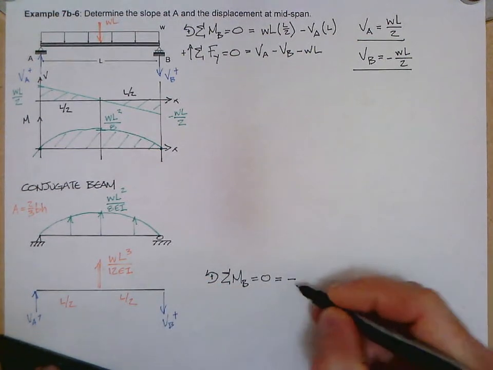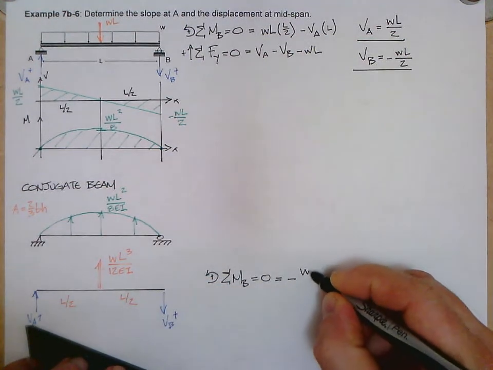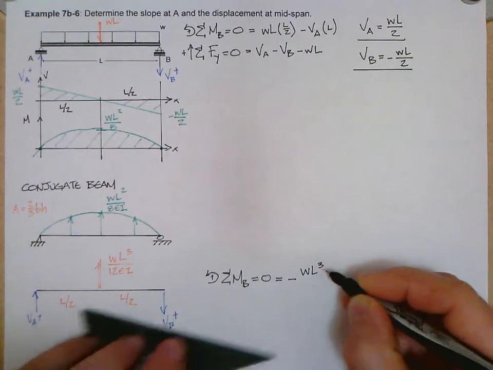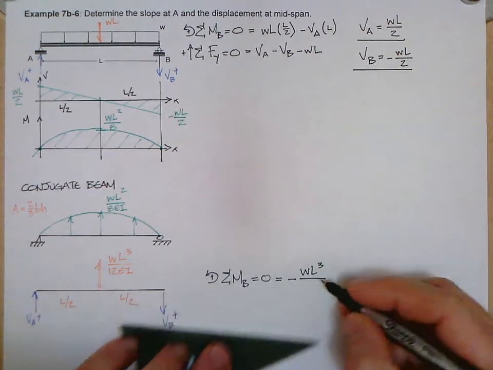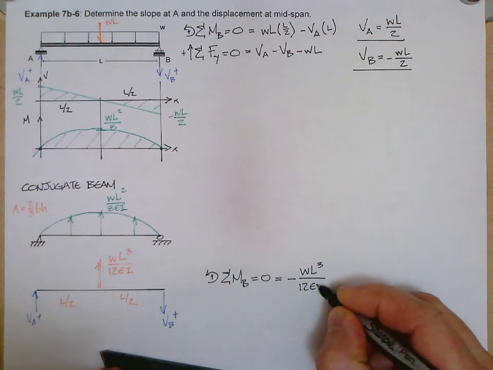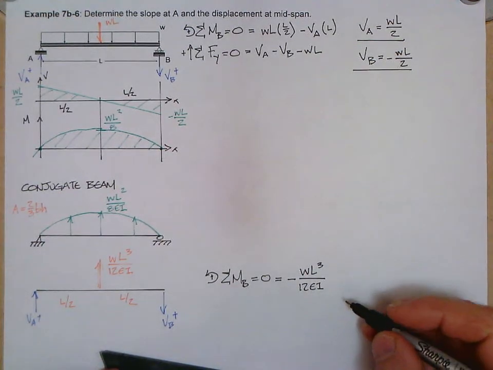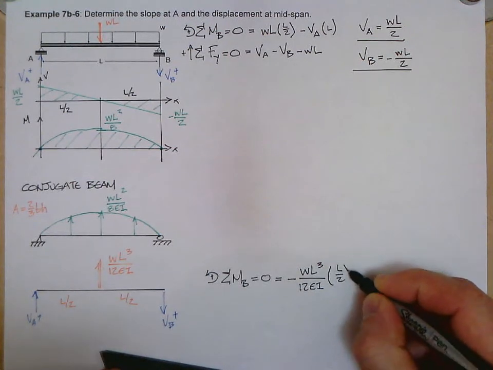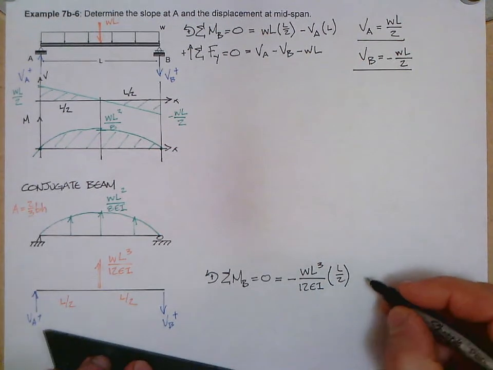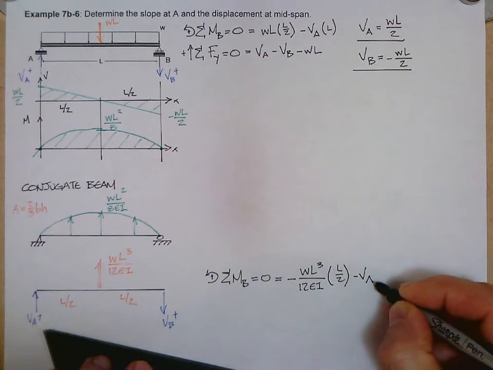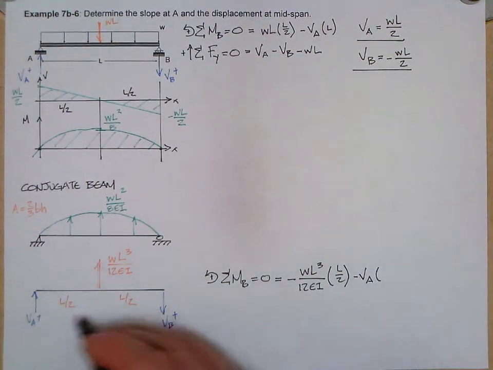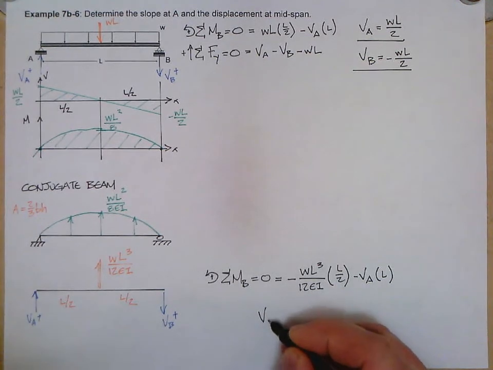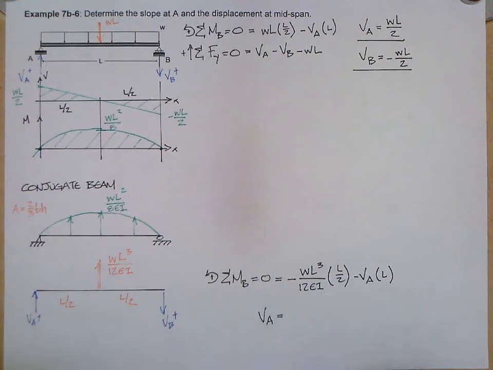So that's negative, and that should be WL cubed over 12 EI, that's the force, times the distance, which is middle, L over 2. And then I'm going to have minus the shear force times the distance here, which is L.